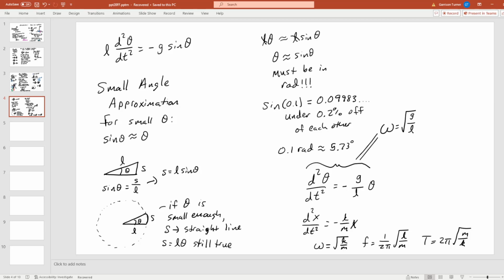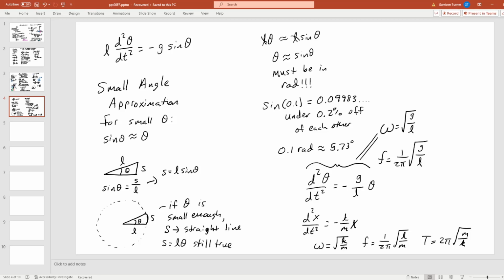My angular frequency is my radians per second, and my normal frequency is 1 over 2 pi times the square root of g over L.